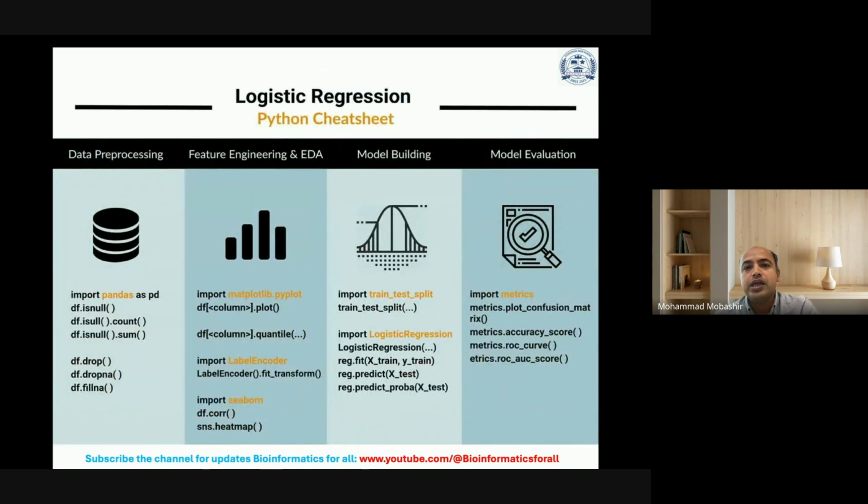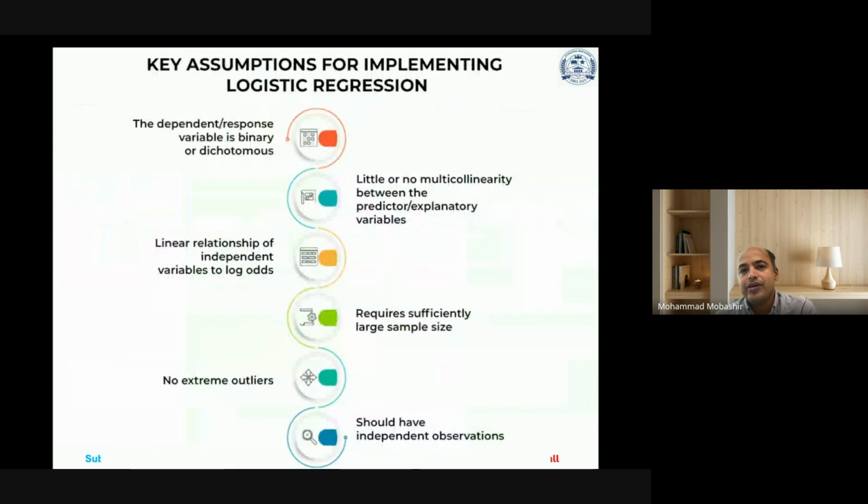And finally, if you want to summarize logistic regression as a Python cheat sheet, then you can understand it in data processing, feature engineering, model building, and model evaluation.